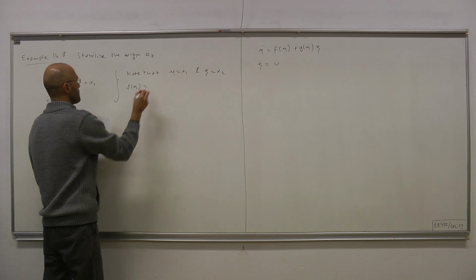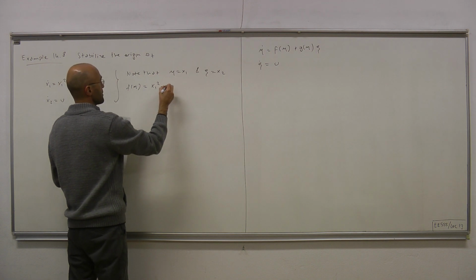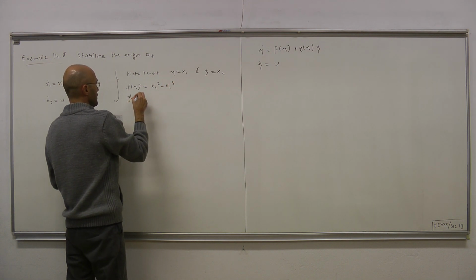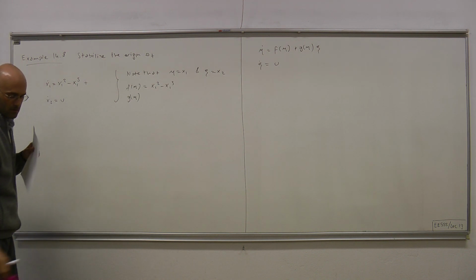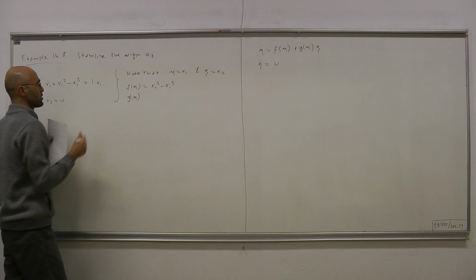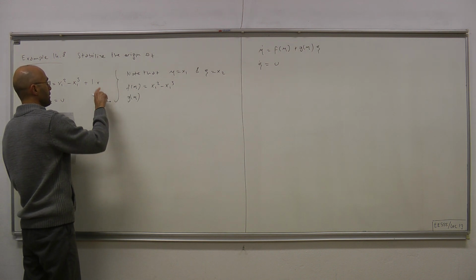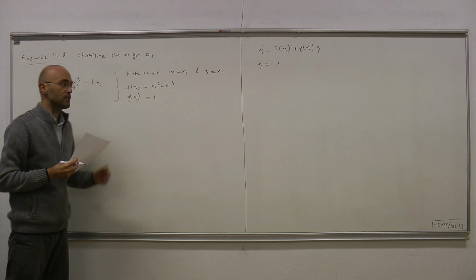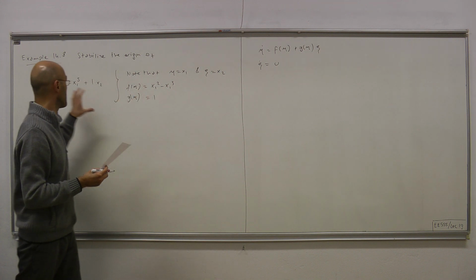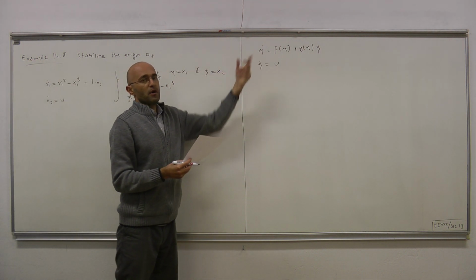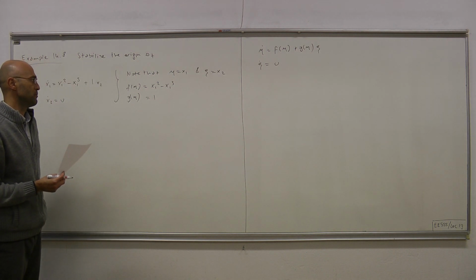F of eta is then x1 squared minus x1 cubed. G of eta is, well, we can write x2 as 1 times x2, so g of eta is the constant 1. That's how the terms match the general notation that we introduced in the previous lecture.